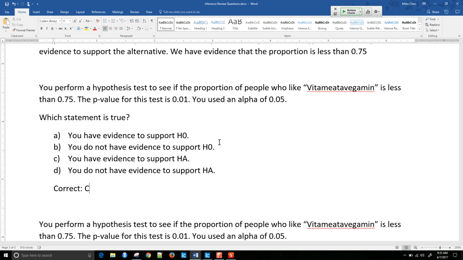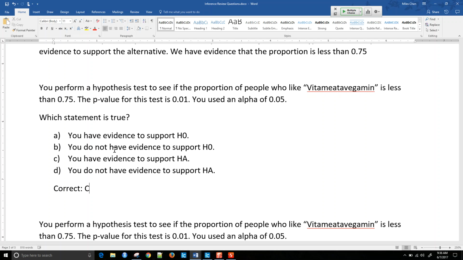Because the evidence is always presented towards the alternative, okay? So having evidence to support the alternative means that there is evidence, there is data that supports this. It's not that we lack evidence supporting the null, because we're not looking for evidence.